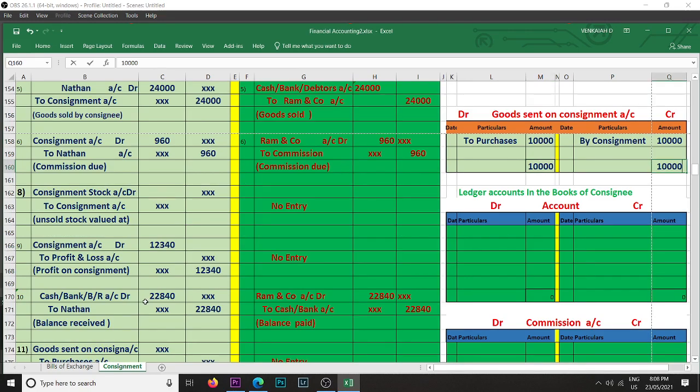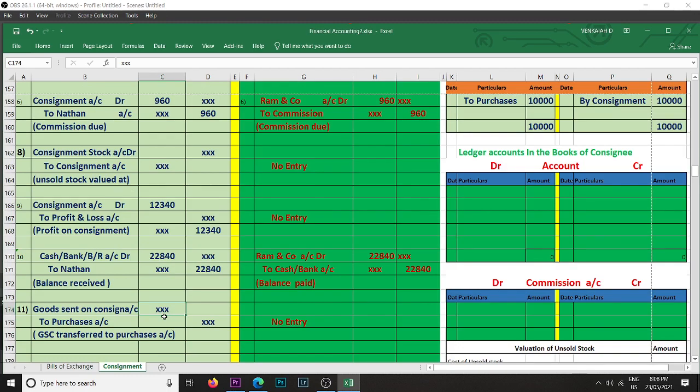That is goods sent on consignment account debit to purchase account. GSC account closed or transferred to purchase. So this is the accounting procedure, journal entries as well as ledger accounts in the books of consignor.